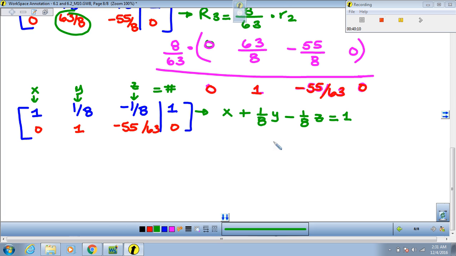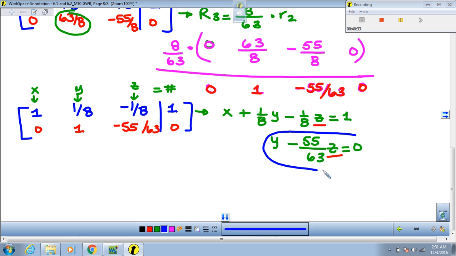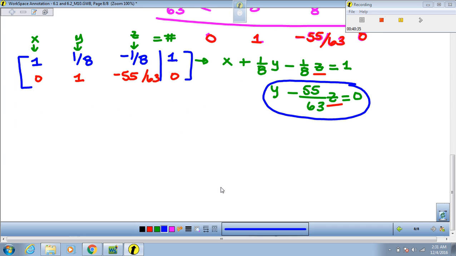Second equation has no x, has just one y, minus 55 over 63 z equals 0. So remember what I told you. The variable that is repeated, that's the one that you're never going to solve for. And you have to start by the smaller equation, solving it for y, not for z, obviously.